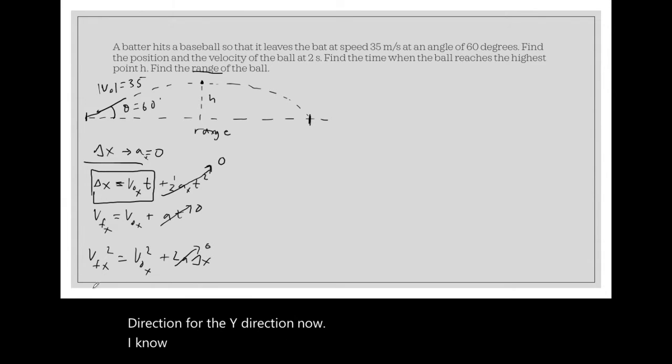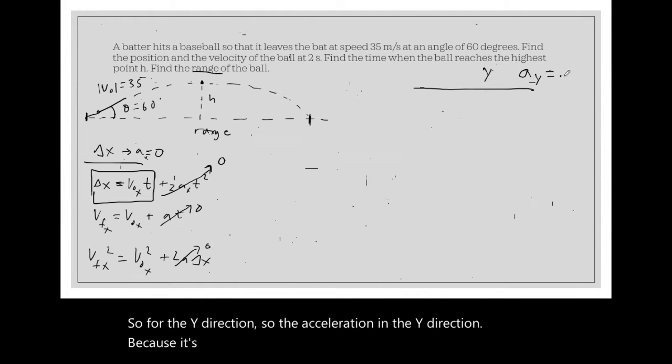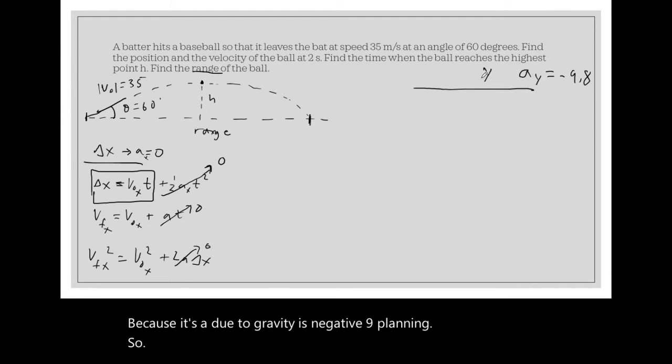For the y direction, I know we're getting close to that time, but I just really want to write this out. So for the y direction, the acceleration in the y direction, because it's due to gravity, is negative 9.8. Let me write it this way.